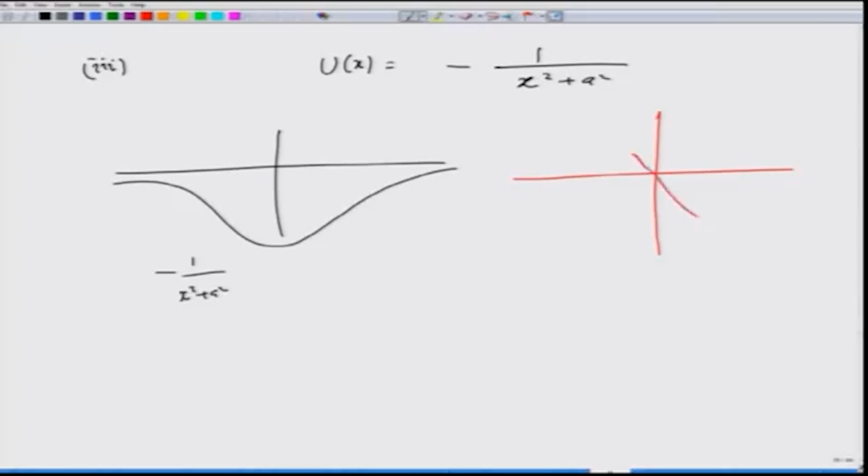So, it will be negative on this side and positive on the left side. You can see that now the potential energy has a minimum at x equals 0, and therefore, a particle with small enough energy will be confined here. If it goes to the left, it will be pushed to the right, which is shown by positive force here, and if it is to the right, it will be pushed to the left, which is shown by negative force on this side.